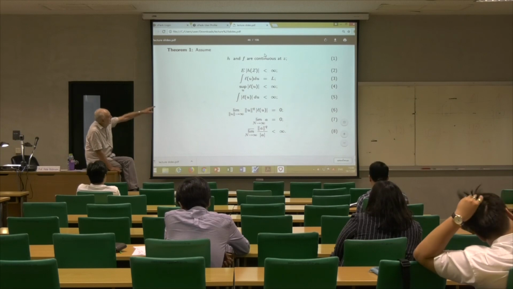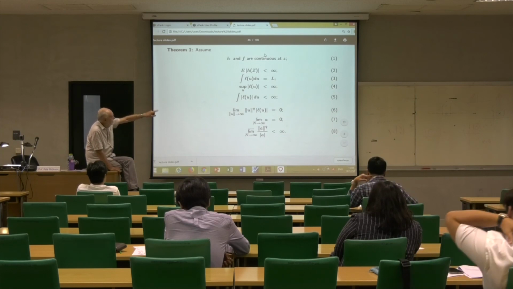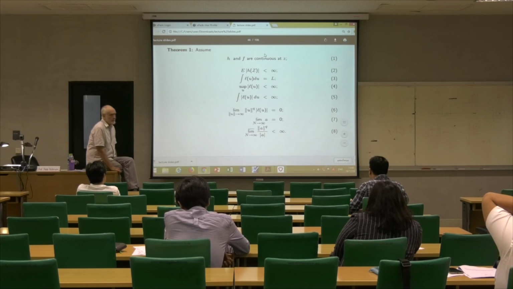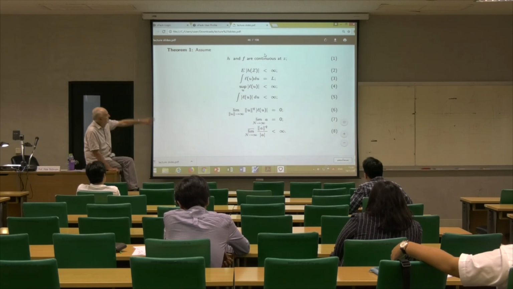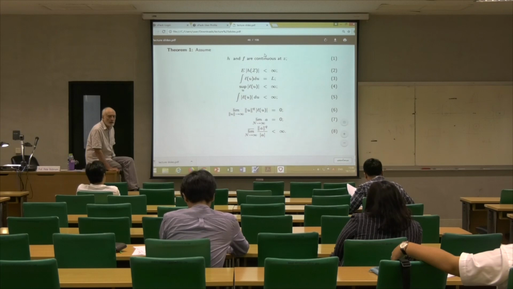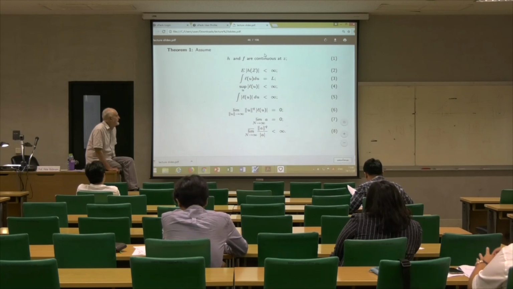We already had condition 3 that little l integrates to big L, which can be any positive number. The next condition 4 basically says that L is a bounded function. Nobody would want to choose a kernel that is unbounded. All the examples I gave are bounded.